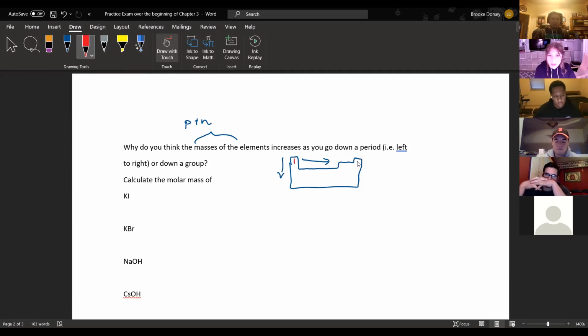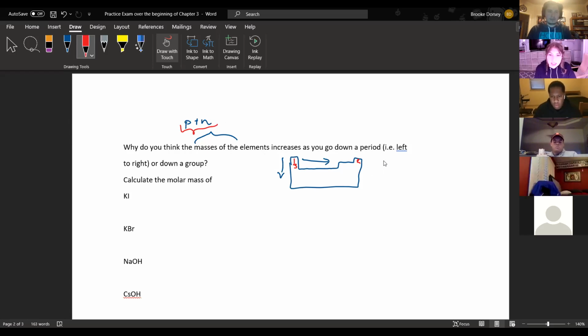So as we go down the periodic table, it's lined up in the number of protons, right? You have 1 up here, you have 2, and then you have 3, 4, and all the way down. What do elements in their most stable form have? Do they have the same number of protons as neutrons? Do they have different? What do they like to have? The same? Yeah, they like to have the same. Sometimes they don't, and that's cool. But remember, as protons increase, so will naturally your neutrons.